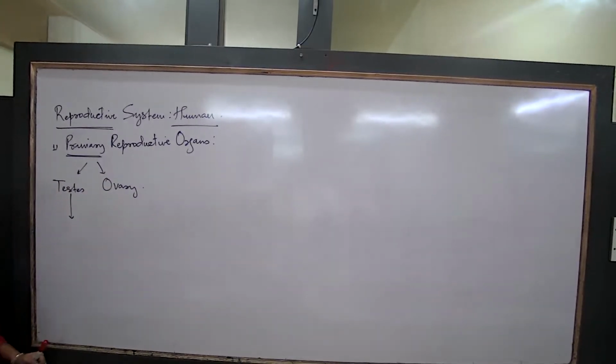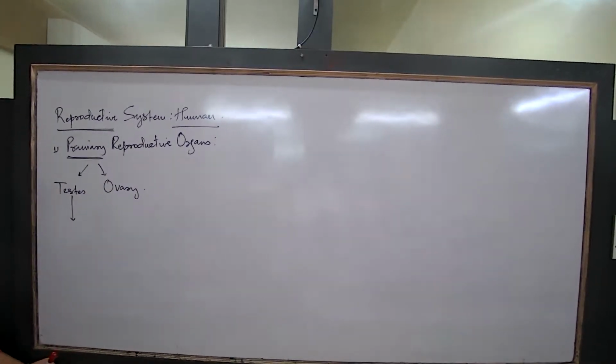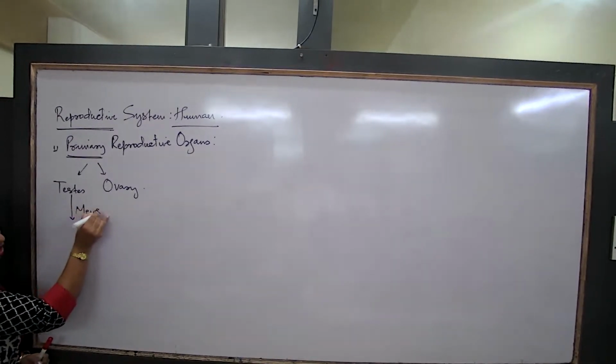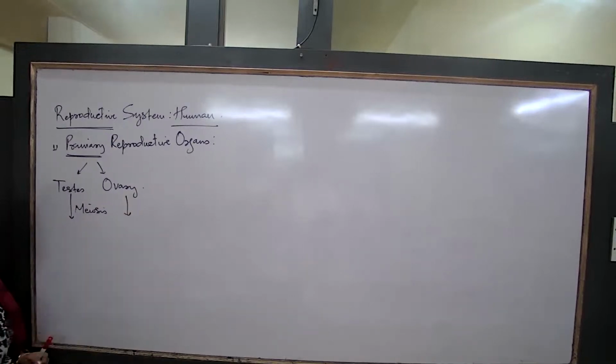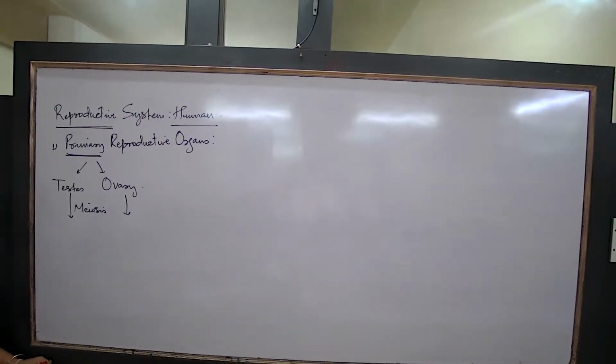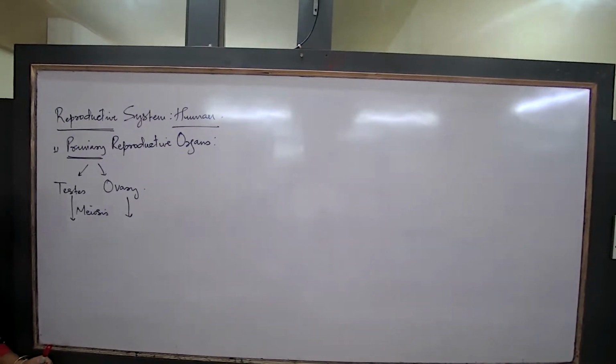The cells of the testes, again, understand this concept, will undergo a process known as meiosis. The cells of the ovary will also undergo meiosis.